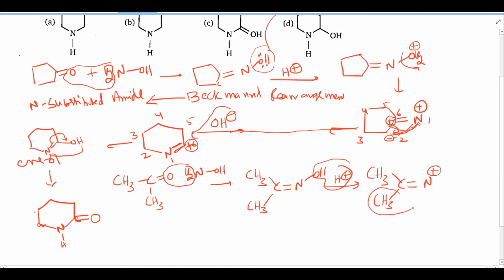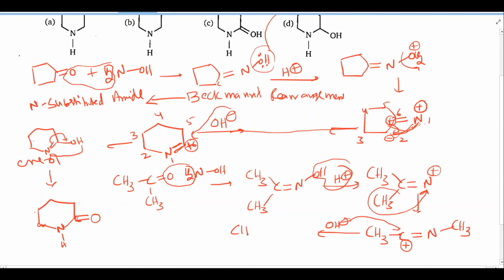Then immediately the opposite group is migrating. Whenever that opposite group migrates, CH3 C double bond N CH3, here the carbon has positive charge. Here water is eliminating, after that the OH minus is attacking.